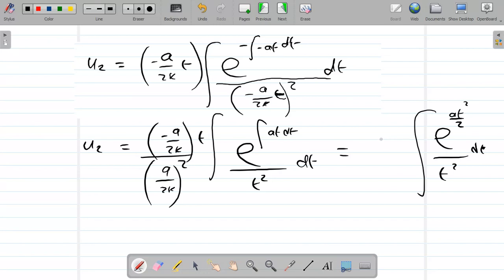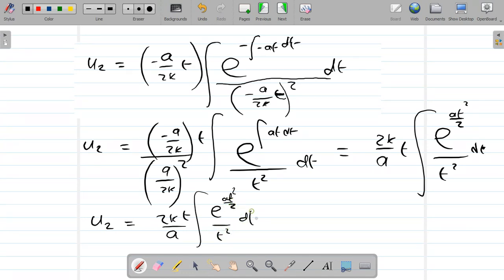So we've got 2k over a times t times the integral of e to the a t squared over 2 all divided by t squared. And so u2 is equal to 2k t over a times, and I'm going to put the constant in now because I'll forget if I don't, e to the a t squared over 2 over t squared dt plus a constant of integration.